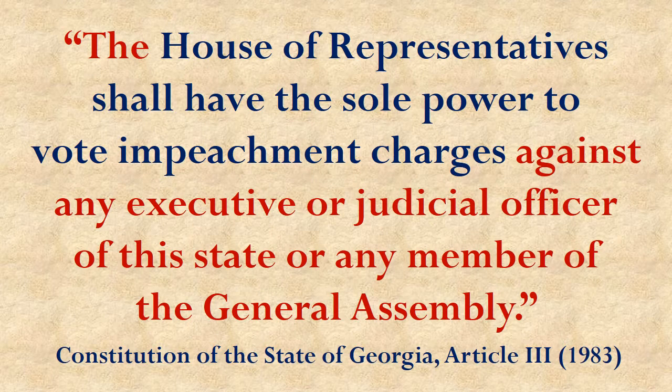First of all, it's the Georgia House of Representatives that has the sole power to bring impeachments. Now remember, an impeachment is simply an accusation on the part of the state House of Representatives that this person did something bad enough that they should be kicked out of office.